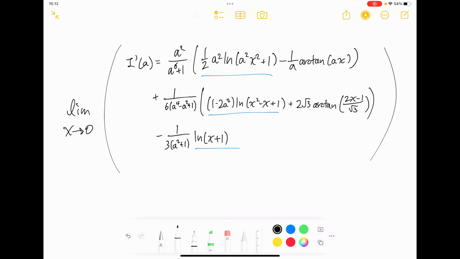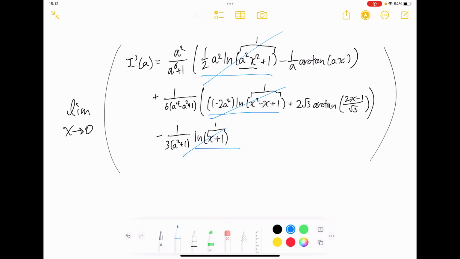Because look at this, for example, a squared x squared, that becomes 0 if x goes to 0. And then this whole thing becomes 1, and ln 1 is 0, of course. So this whole thing just dies, right? And then same thing here, x equals 0, this whole thing becomes 1, and then this goes as well.